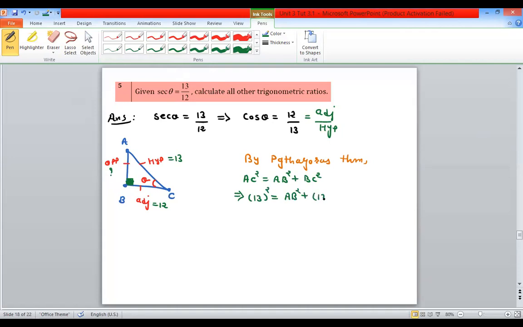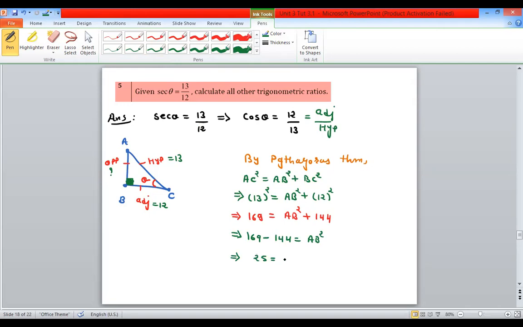BC is 12, so put 12. 13 square is 169. AB is the remaining side. 12 square is 144. 144 moving here, they change their sign. So AB square is equal to 25.